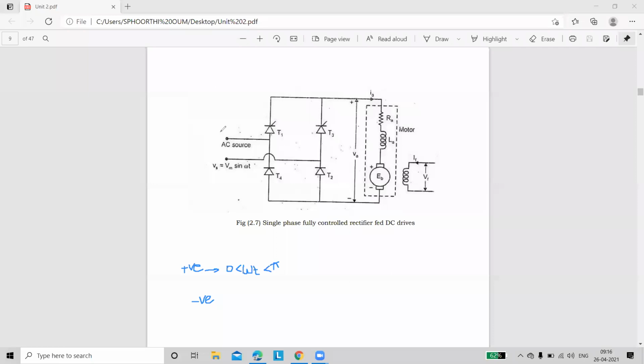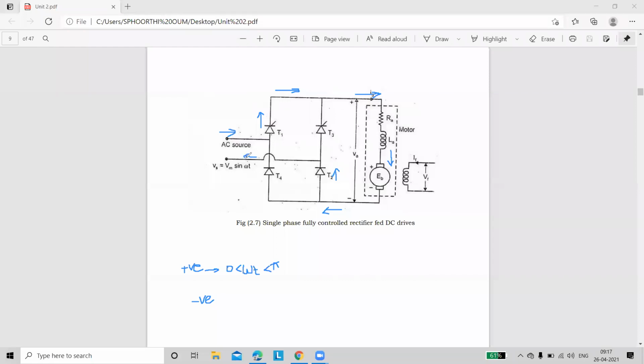Can anyone guess what the current flowing path is? Supply voltage, thyristor T1, load, there is nothing but the motor, back to T2, and back to supply.